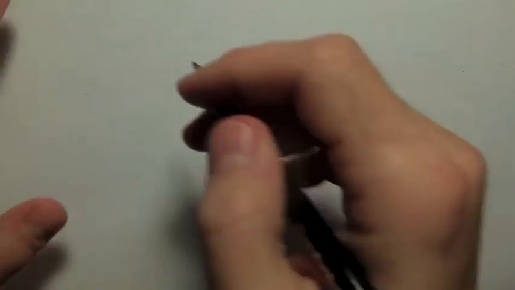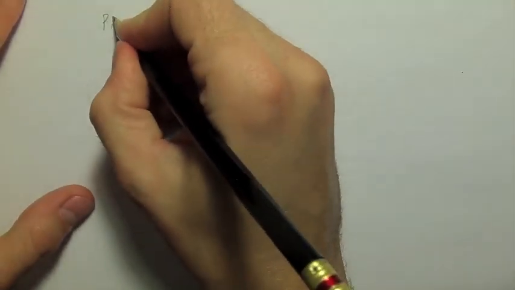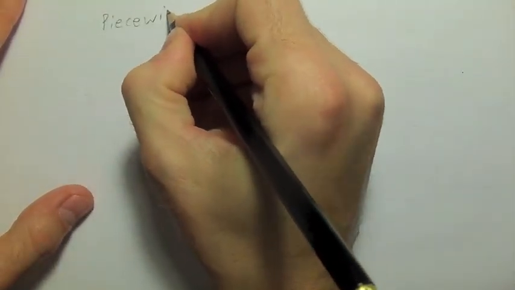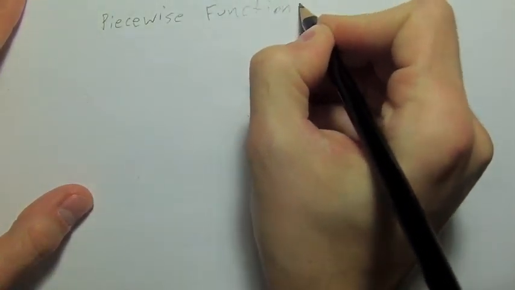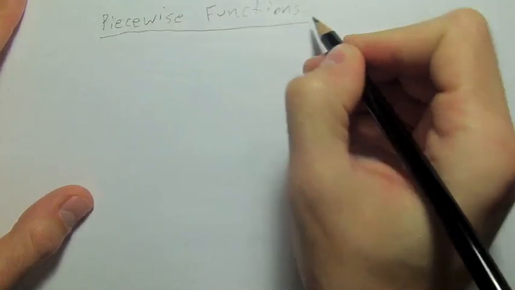Okay, last thing I want to talk about in this section is piecewise functions, and how you define or deal with limits involving them. Basically it boils down to this: piecewise functions are defined in pieces. We're going to separate it into pieces and look at the left-hand limit and the right-hand limit at each breakpoint.